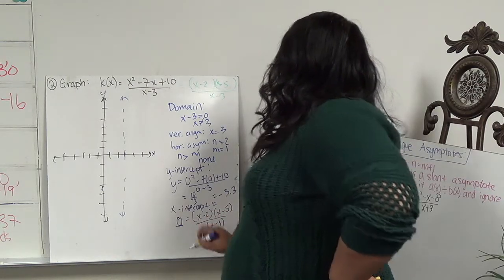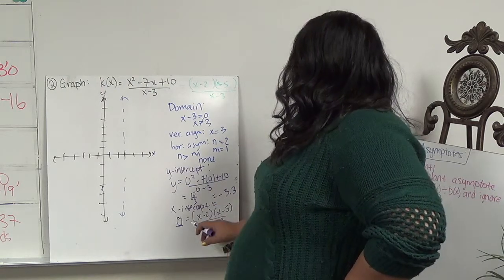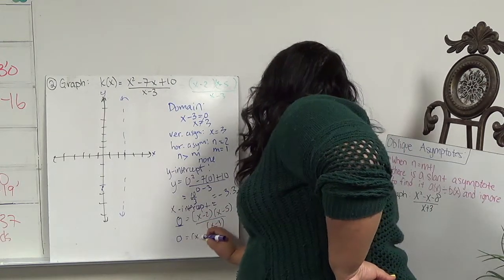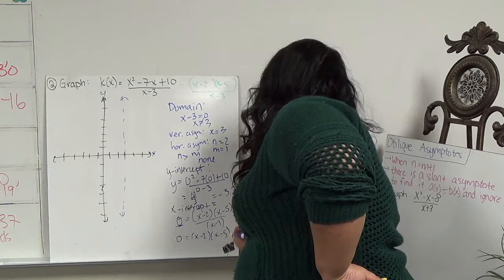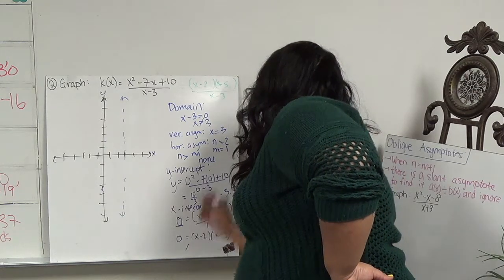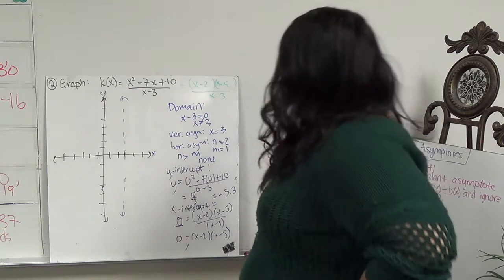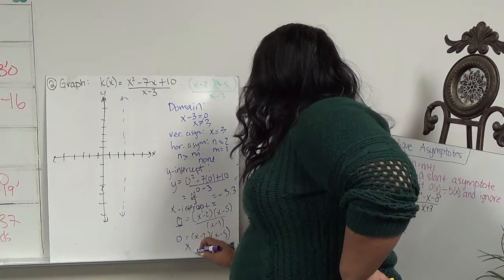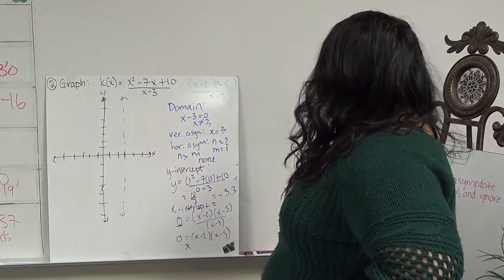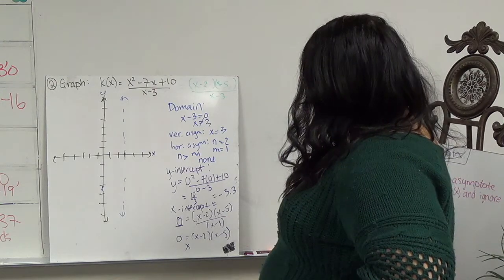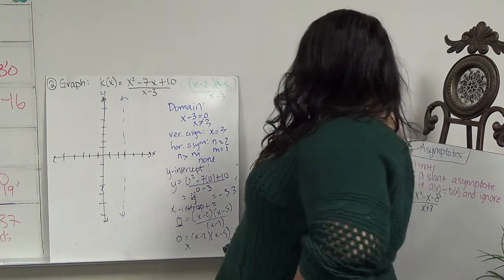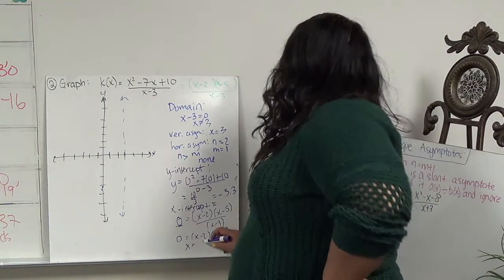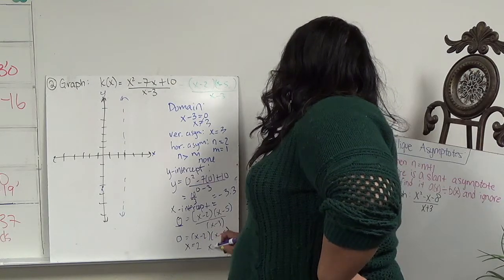So I'm going to go ahead and cross multiply, which then gives me 0 equals x minus 2 and x minus 5, which tells me that there's an intercept at x equals 2 and x equals 5.